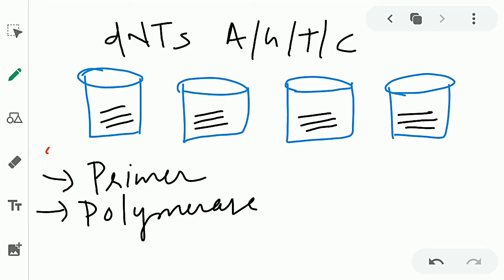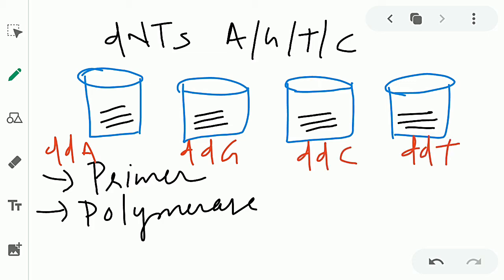To the first one he added ddATP, to the second he added only ddGTP, to the third he added ddCTP, and to the fourth he added only ddTTP.